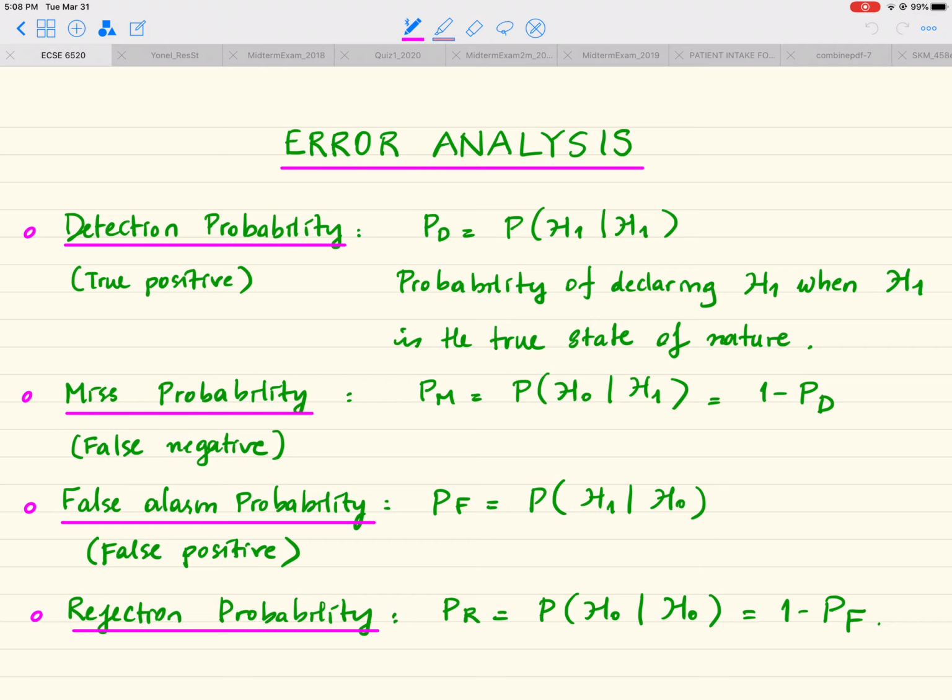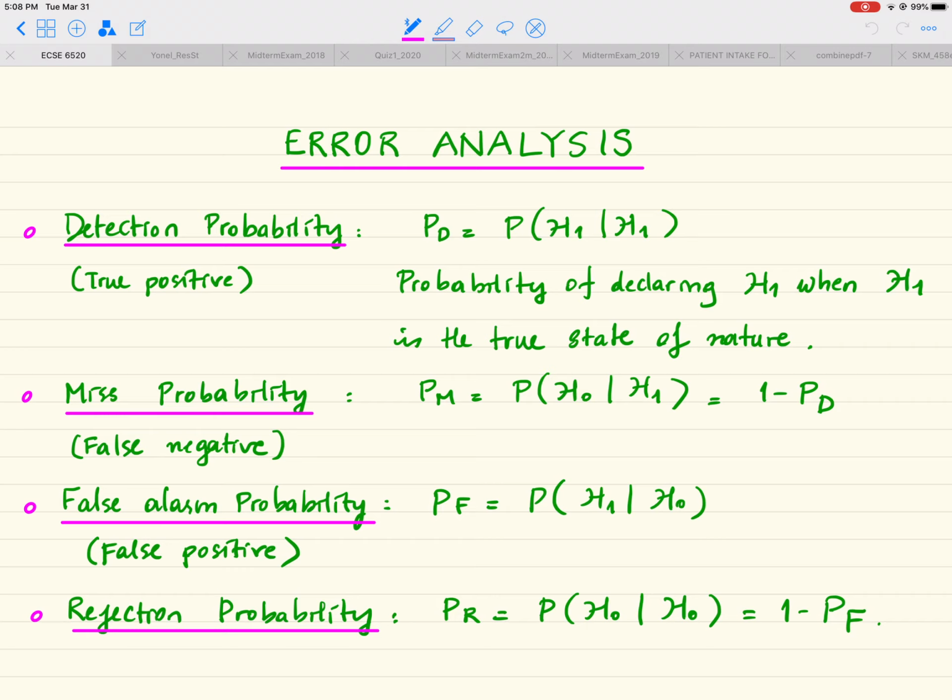Now, lastly, the error analysis. How do we really quantify the performance of our detection scheme? We will be using 4 different measures. The first one is the detection probability.